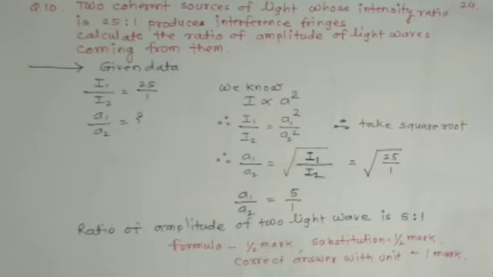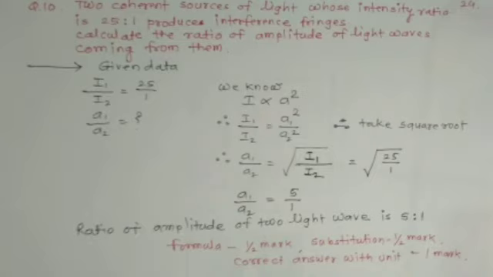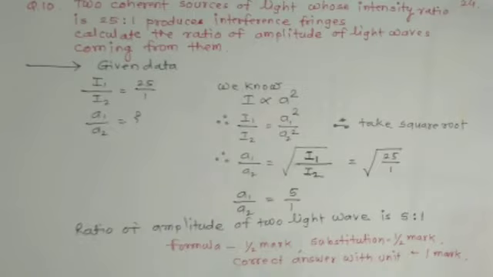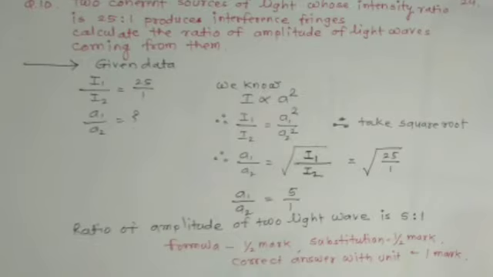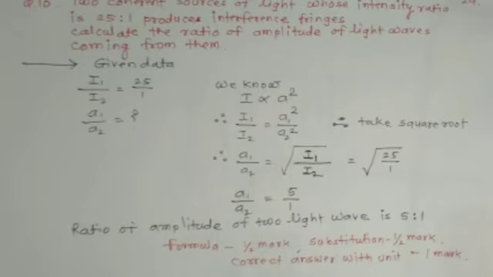If we take the square root on both sides, then we can write A1 upon A2 equal to square root of I1 upon I2. If we substitute the values of I1 upon I2, then A1 upon A2 is equal to square root of 25/1. Therefore, A1 upon A2 is 5/1.